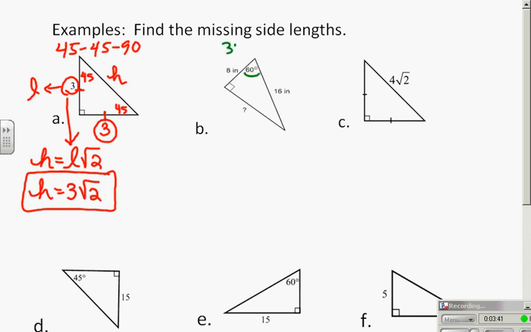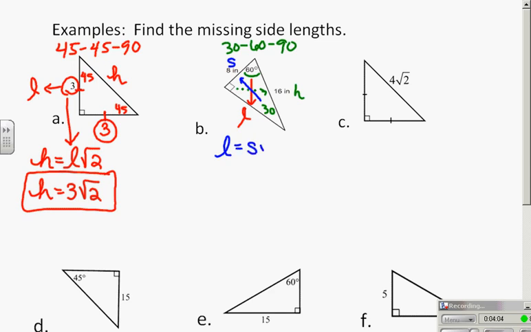If we look at this next example, which happens to be a 30, 60, 90 triangle, with this angle being 30, that means here is my hypotenuse. I'm missing my long leg, and I know my short leg.